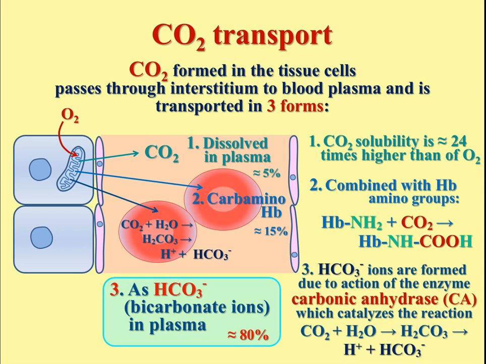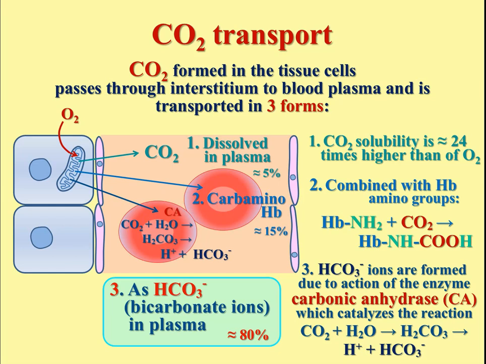So to be converted to HCO3 minus ion, molecules of CO2 should enter red blood cells. And they readily enter because the concentration of CO2 in red blood cells is constantly zero. Each molecule of CO2 that enters a red cell immediately becomes converted to ions, so CO2 content is zero. So it constantly drives more and more CO2 molecules to enter the red cells.